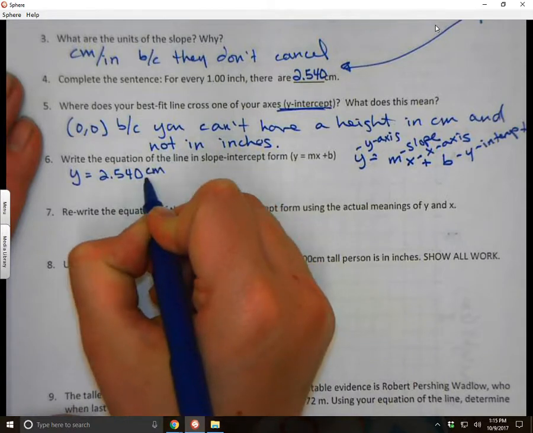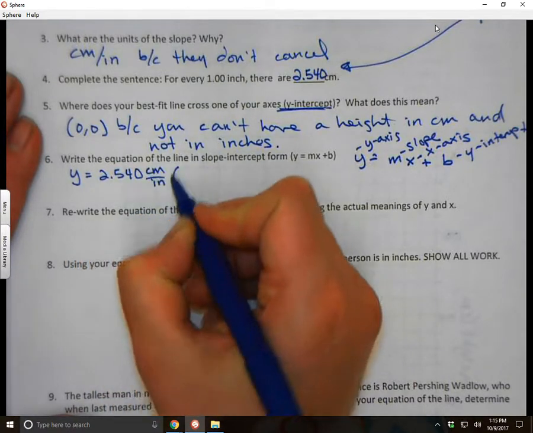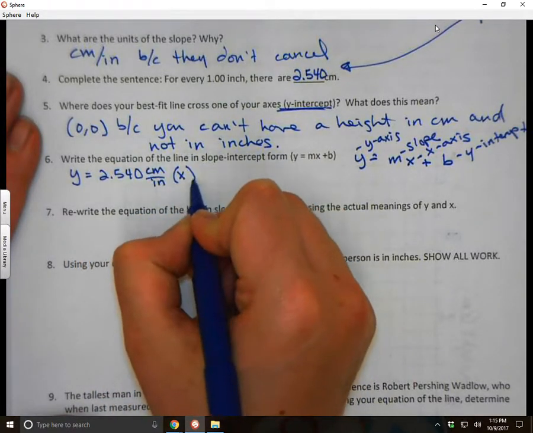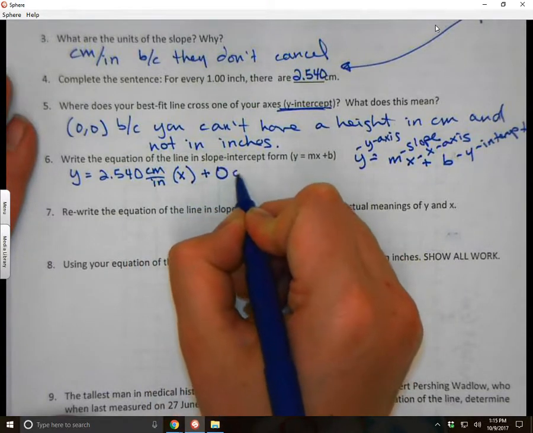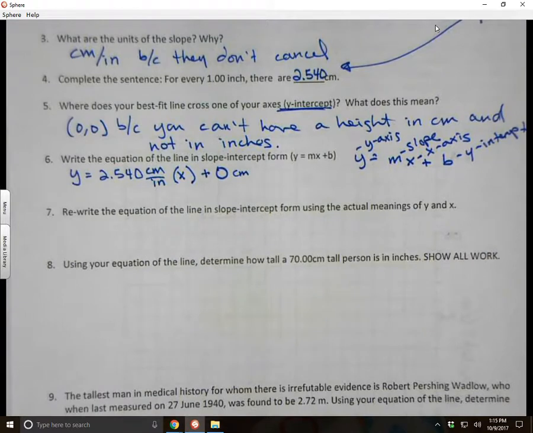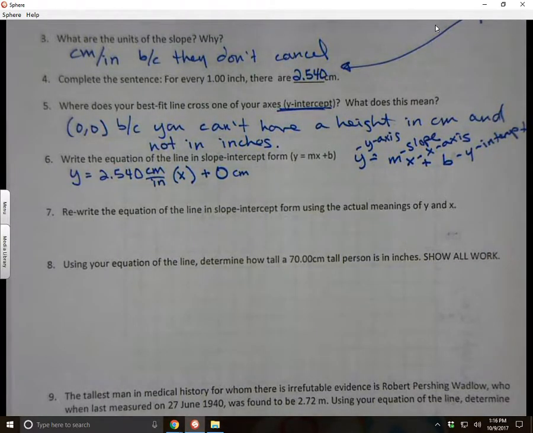If you didn't put the plus 0 centimeters, it's okay, because it's 0. But if you did put 0, then they're both correct, with or without it. How did you get 0 centimeters? Because we said that our y-intercept was 0 here, and so the answer you put here will be what you plug in for b. So this is b.